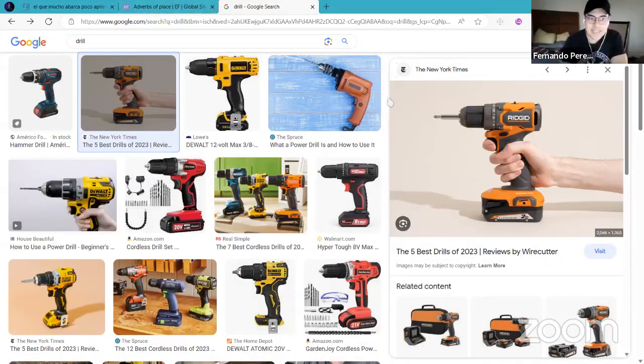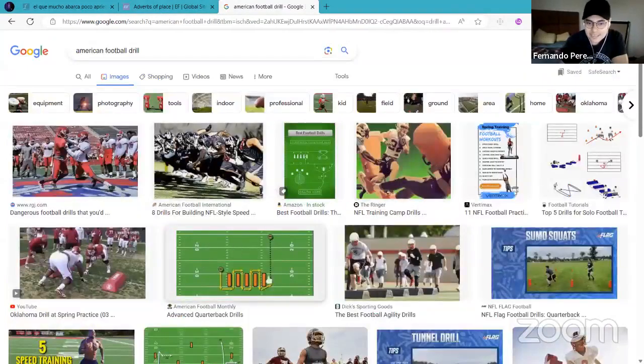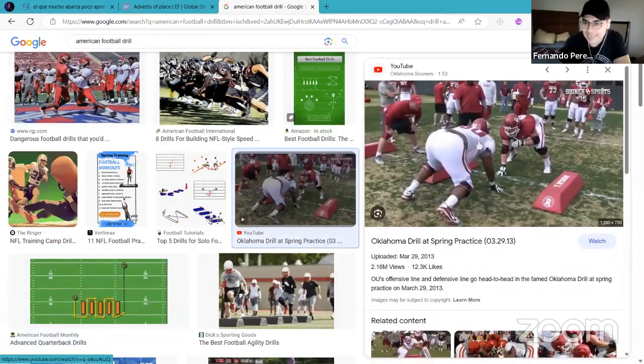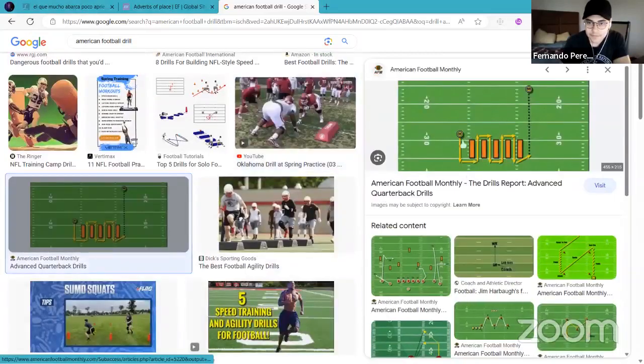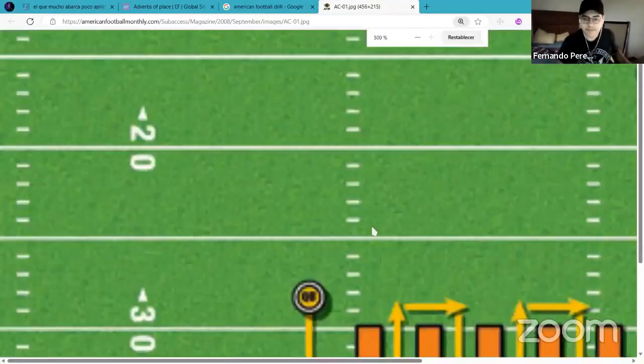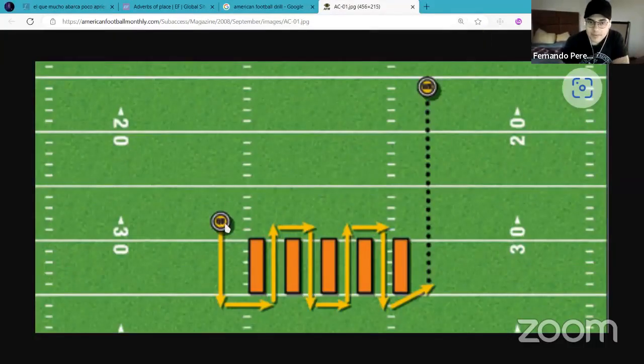This is important because in American football, when we talk about drills, we talk about practice exercises where players repeat specific patterns like this. This is the perfect example of a drill. This is the quarterback, and this is the runner.